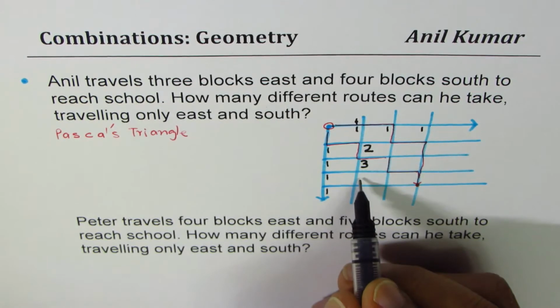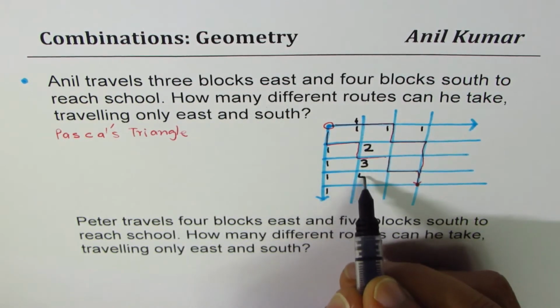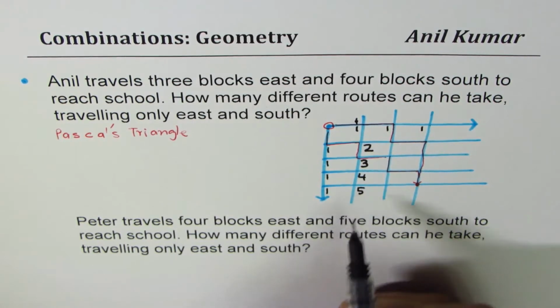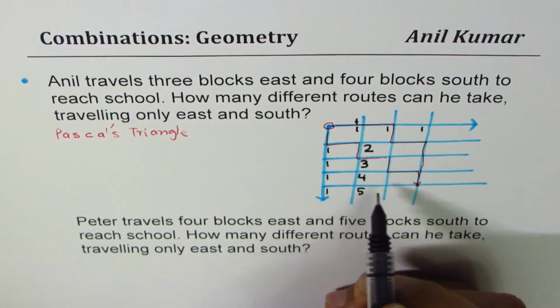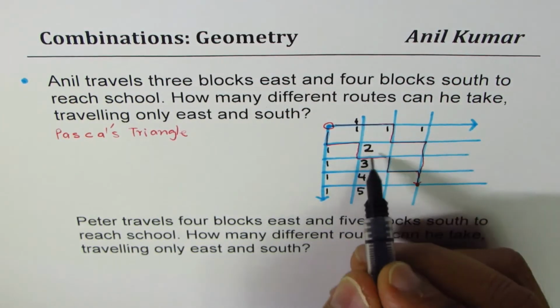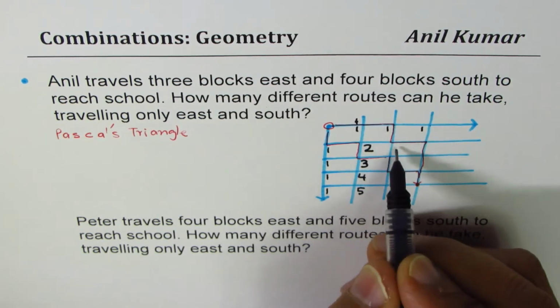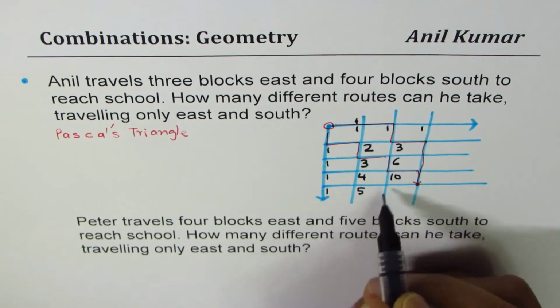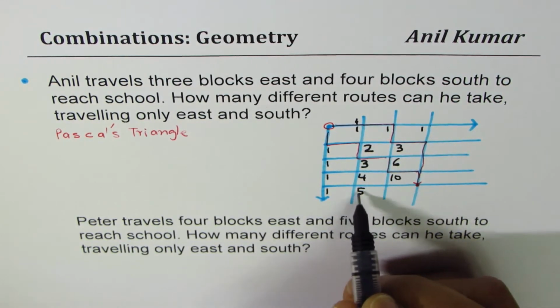Perfect. To reach that point, 3 plus 1, 4, same strategy. And here 4 plus 1, 5, to get an idea. So that's the way to fill in your grid. So you can come to this point now. 2 plus 1, 3, 3 plus 3, 6, 6 plus 4, 10, and 10 plus 5.